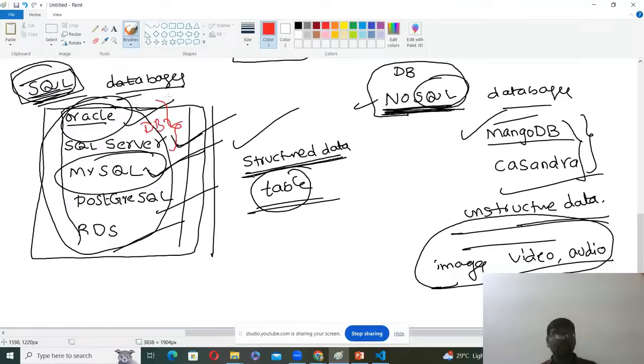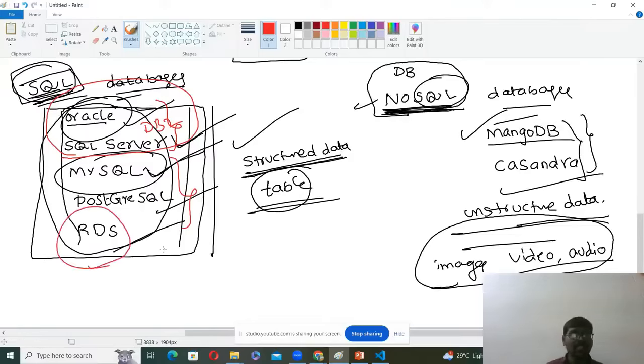Oracle, SQL Server, DB2, these are preferable if you are going to use advanced admin level features. Suppose you use normal databases, the basic things that I want. In those situations, we are moving to MySQL and PostgreSQL.